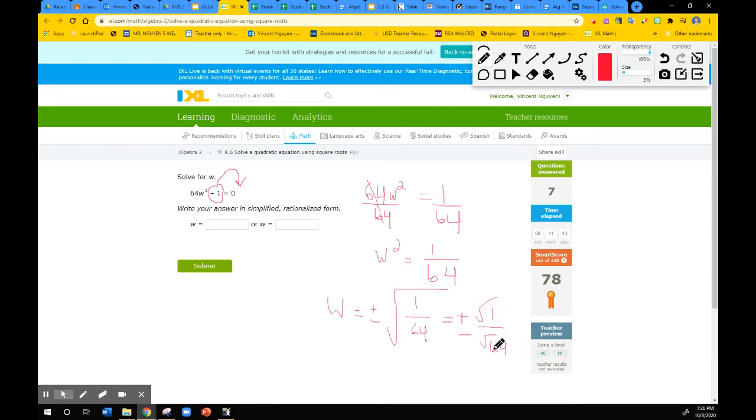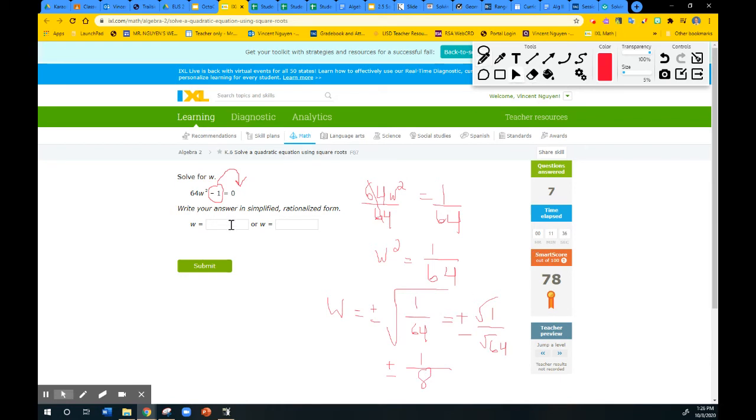The square root of 1 is 1, and it's going to end up being a fraction. The square root of 64 is 8. And I already have plus or minus, so I don't need to do that again. So my solution is positive 1 over 8 and negative 1 over 8.